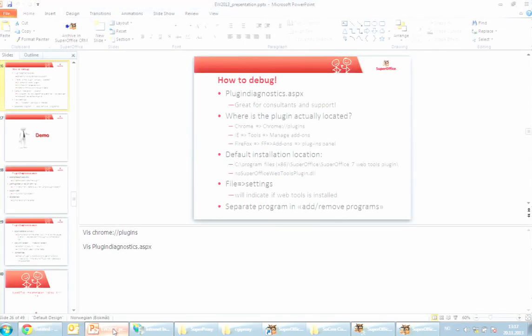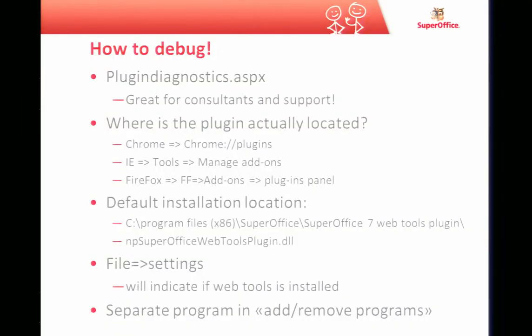Okay, for all these things, let's just go back to the PowerPoint and go through all the points instead. So, I'll show you this later when things come up running. You have this plugin diagnostics page, a perfect page, easy to debug, which gives you all the information you need about mail-link, tray app, everything. It's located inside Chrome in this example.